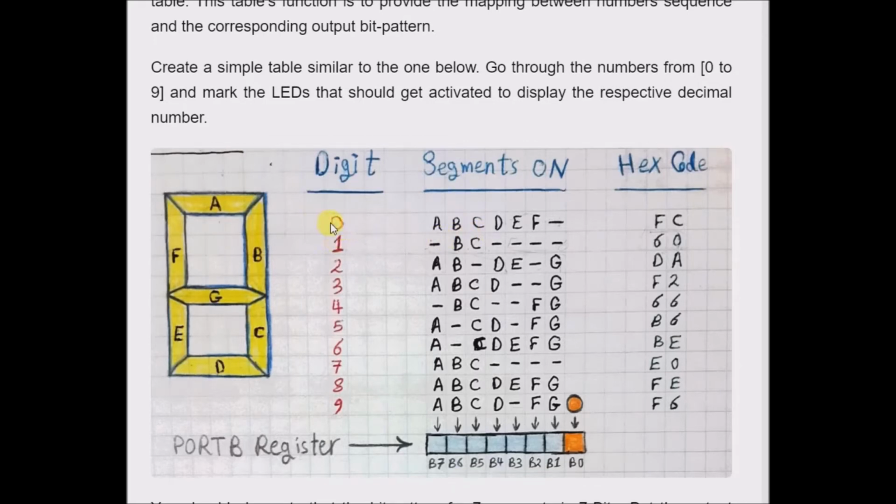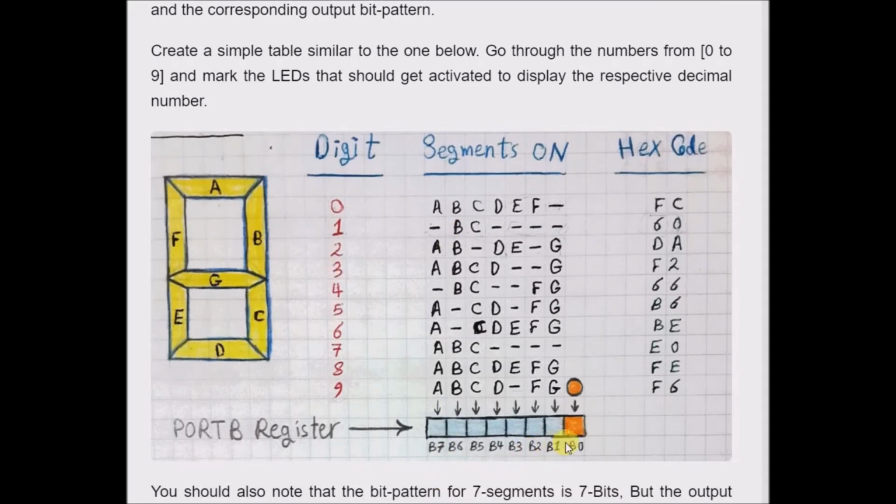So number 0 would be all of the outside LEDs, which would be every LED excluding G, A to F excluding G. Number 1, he's saying B and C. Okay, so I take it this is probably like a binary number, and for reasons I suppose I will find out in a minute, there's a corresponding hex code.